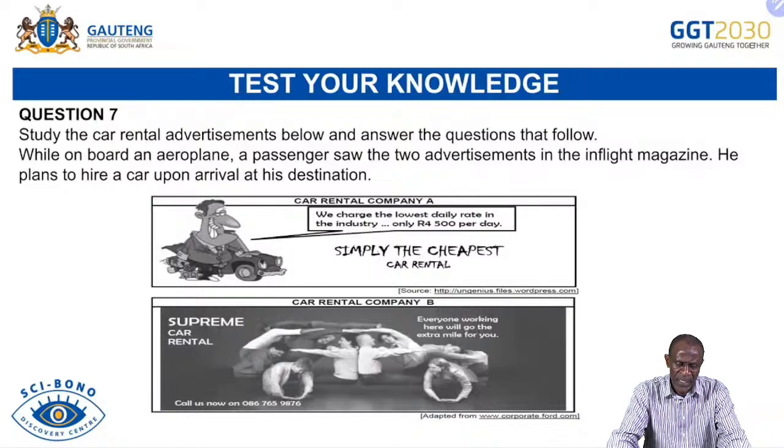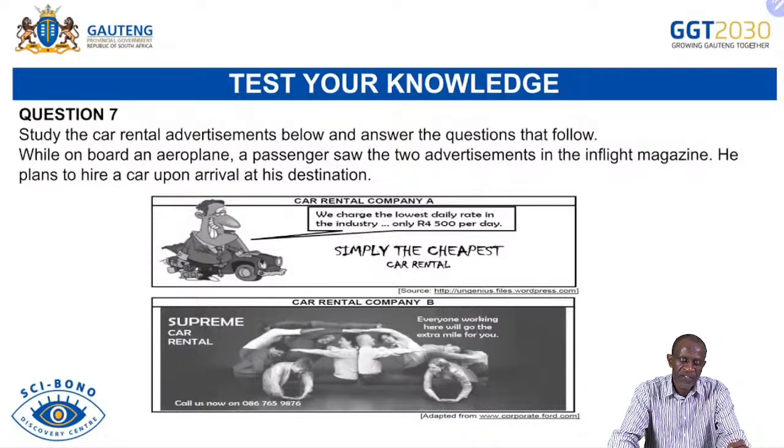It is question 7 of the final exam paper, and it will not be assessed in the prelim examination for Gauteng. Remember, question 7 in the prelim examination in Gauteng will be sustainable and responsible tourism. Now let's look into the question set in the final examination, not appearing in the prelim examination for Gauteng.